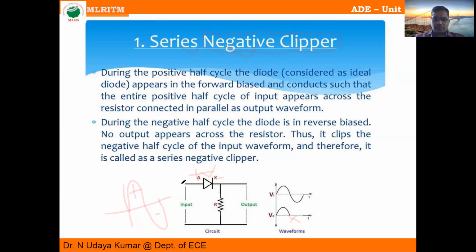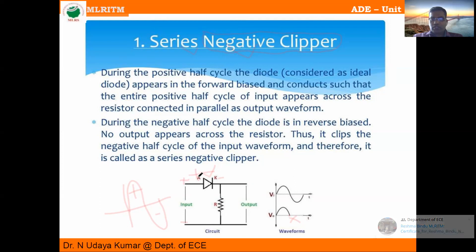In the positive half, this terminal is plus and this terminal is negative. As we know from intermediate level physics, the positive terminal is given to the anode. Anode is already positive, meaning holes having positive charge. Positive charge and positive charge repel.